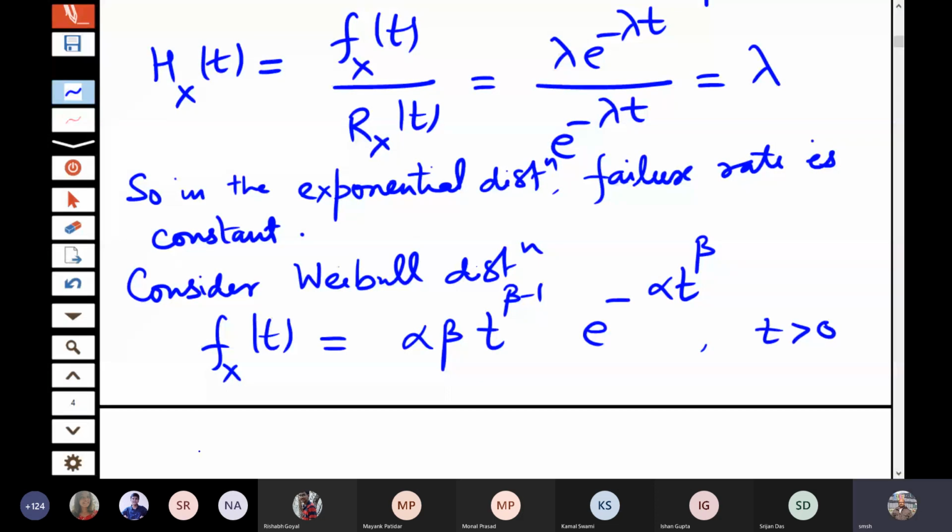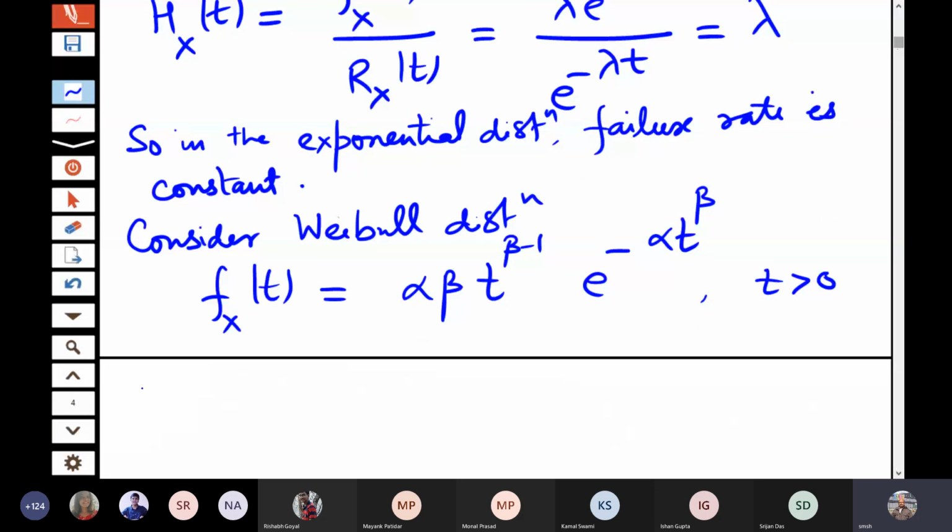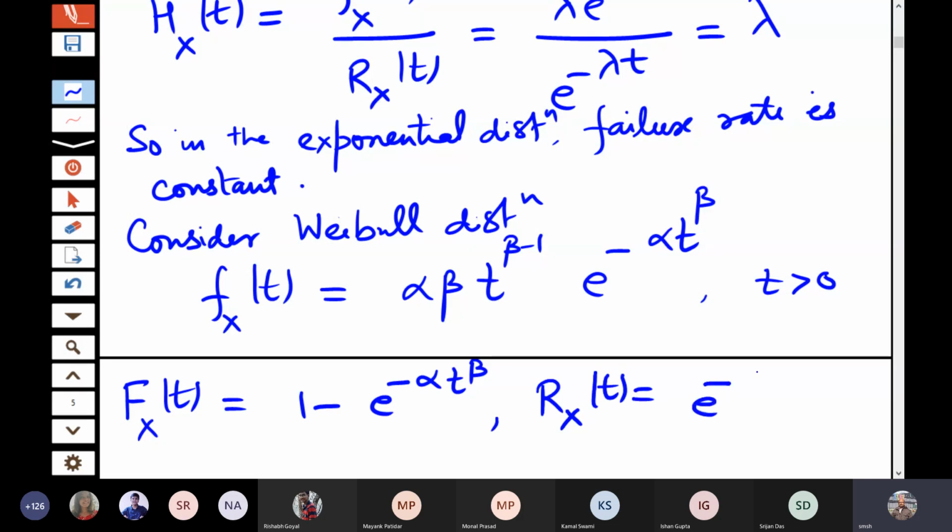Here you had F(t) as 1 minus e to the power minus alpha t to the power beta. So what is the reliability here? It will become simply e to the power minus alpha t to the power beta.